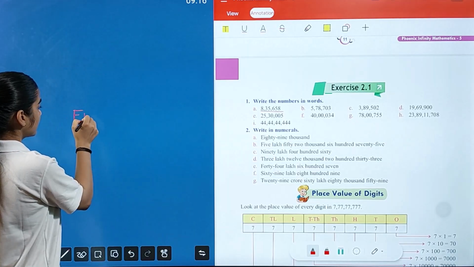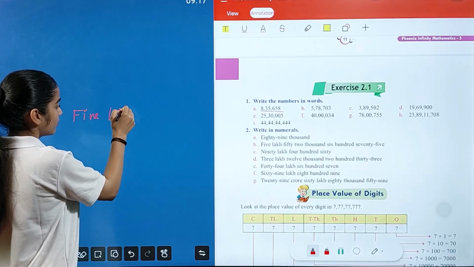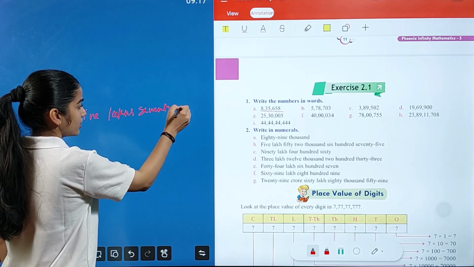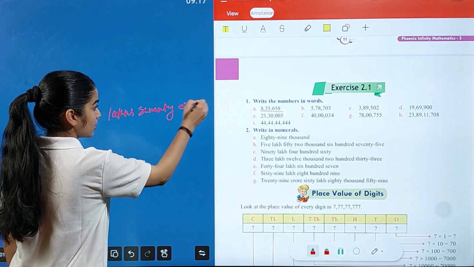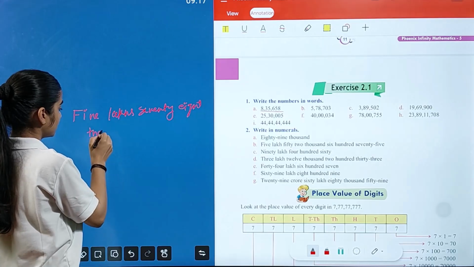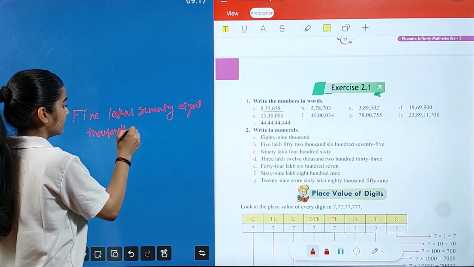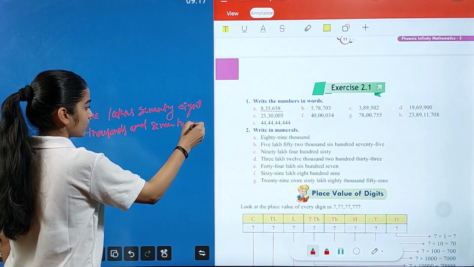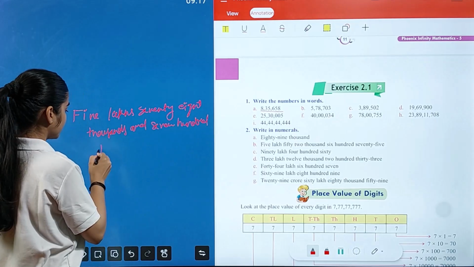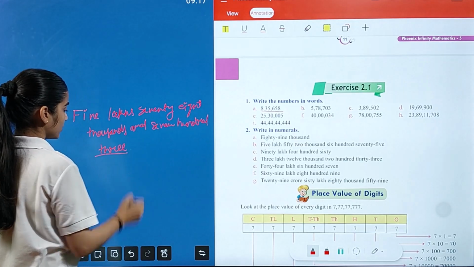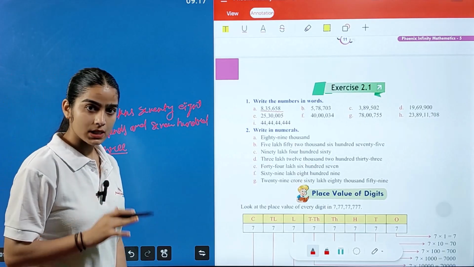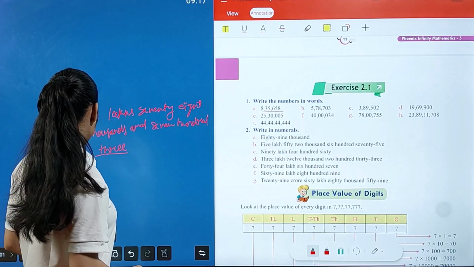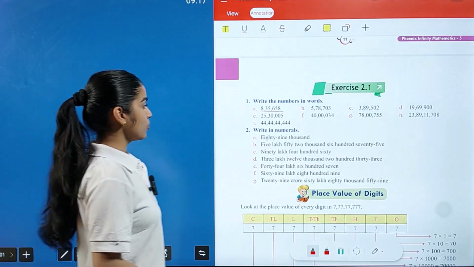So 5 lakhs 78,000 and 703. So students, you have to repeat the same concept which I do here. Just write the number names, numbers in words by using the Indian numeral system.